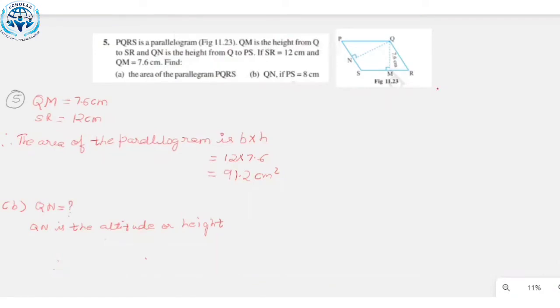In the second one, we have to find out the value of QN. QN is the altitude or height. Now, we know the area of the parallelogram. The second base is PS is equal to 8 centimeter. We can easily find out the altitude or height.